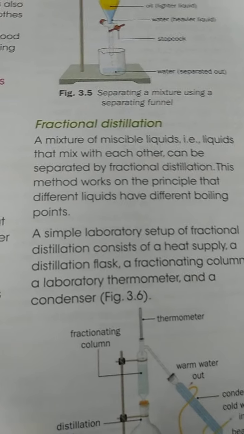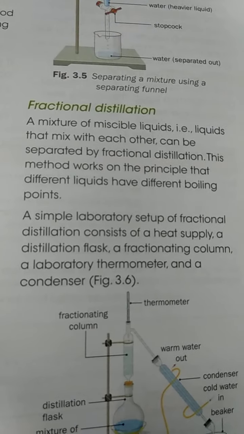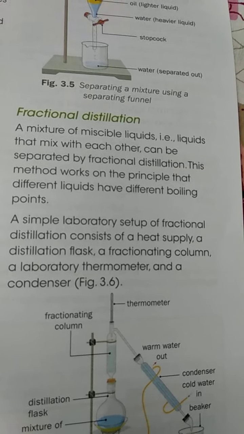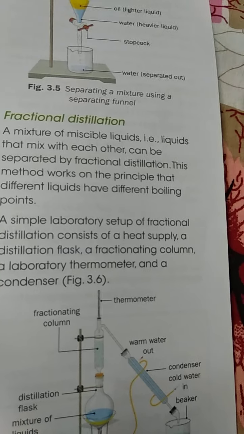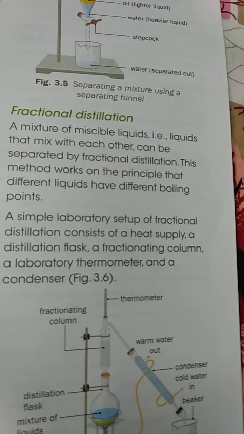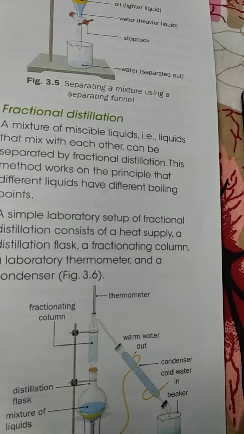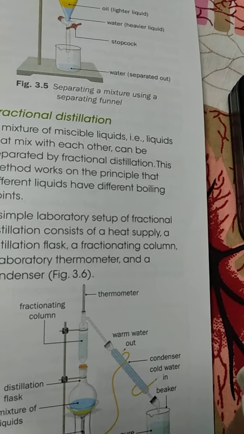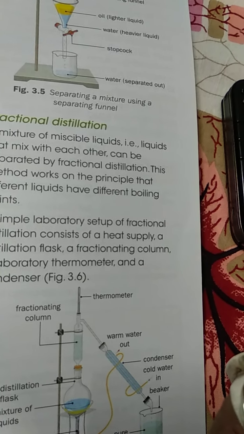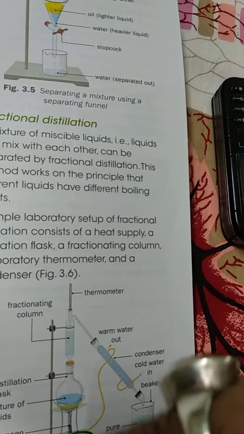Fractional distillation. As I have told you what distillation is, water is boiled and passed through a pipe where cold water moves so that the vapor condenses. So what is fractional distillation? In this, miscible liquids can be separated.